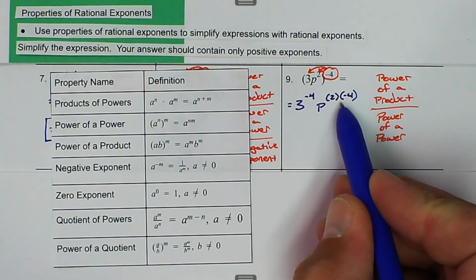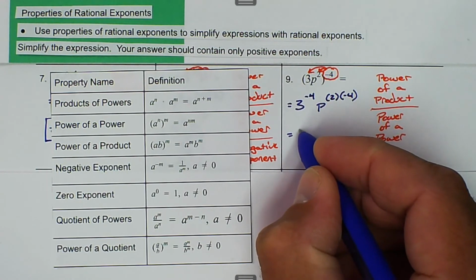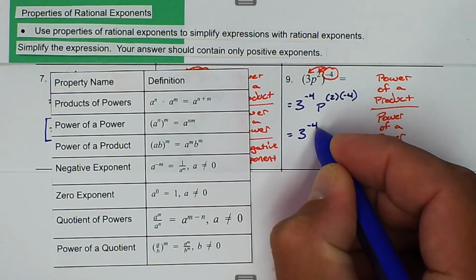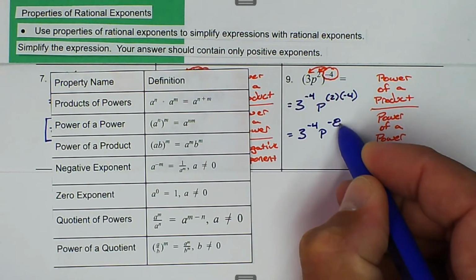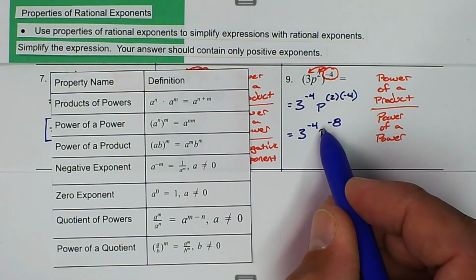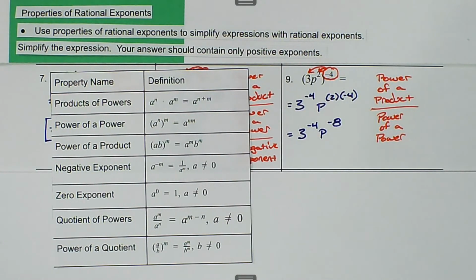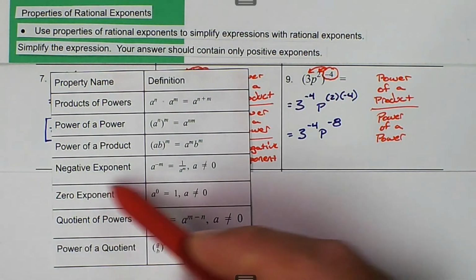So we can multiply these together, and we get 3 to the -4th times p to the -8th. Now these are both negative exponents, and we want to have positive exponents, so we can use the negative exponent rule here.